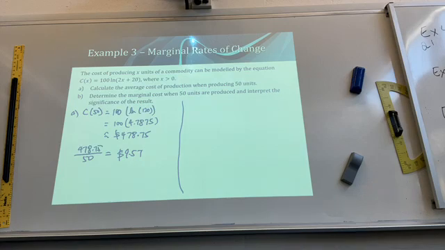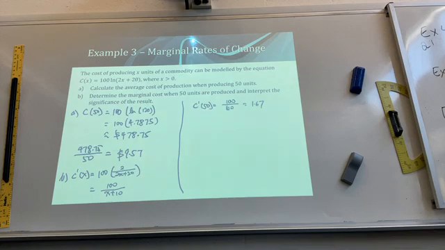So the marginal cost when 50 units are produced, and you need to interpret the significance of the result. So you're thinking about the marginal cost: after 50 units, you need to produce an extra unit. Go back to what I've taught you in the first semester. Find the first derivative of the cost function, which is 100 over x plus 10.